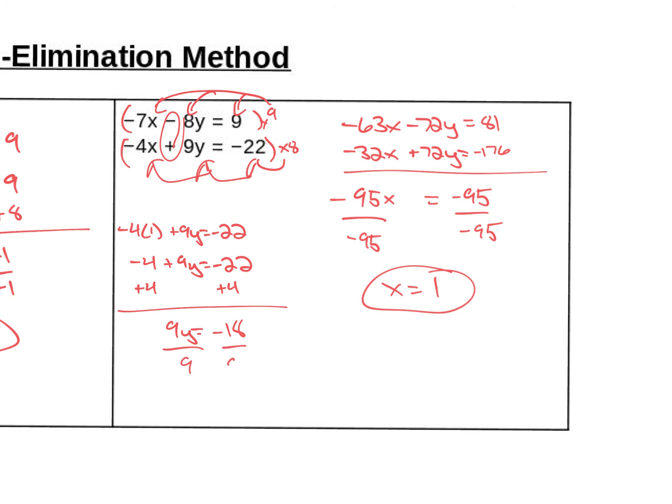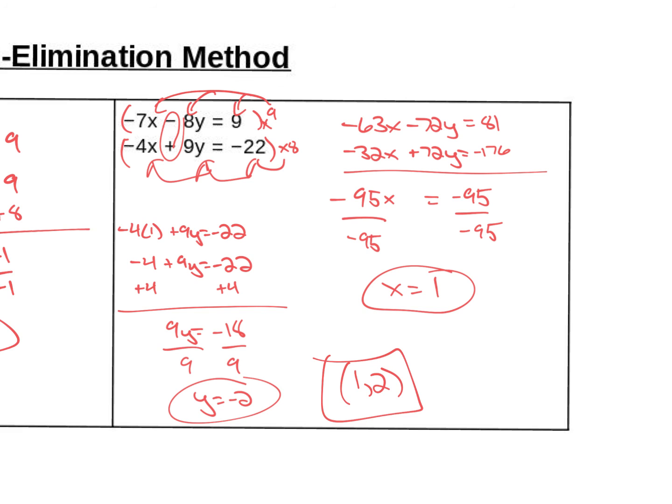And divide by 9. And y equals -2. So, summing them all up, worst case scenarios, we're going to have to multiply both of them. And then just watch out, if we have to multiply by positives, negatives, what do we need to do to make sure that one of those variables is going to cancel?